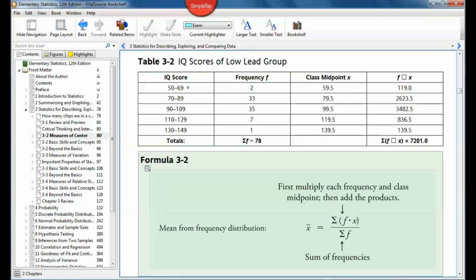Then they made another column, the frequency times the class midpoint. They wrote all of those down and summed them all up. Then we need the sum of the frequencies, so they added all the frequencies together. So we say 2701.0 divided by 78.